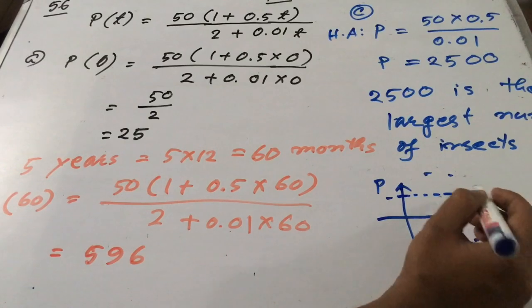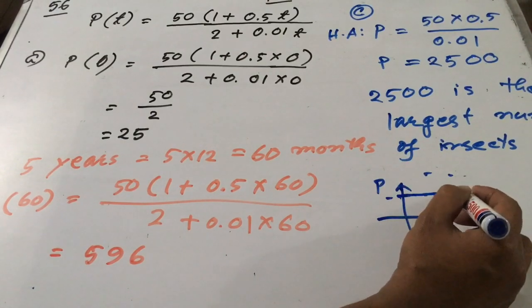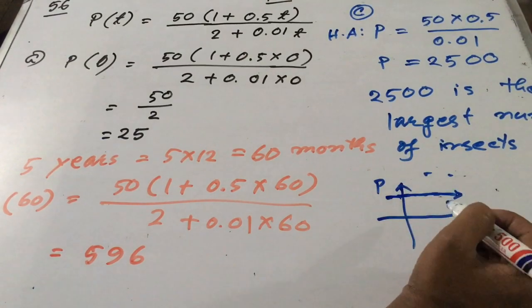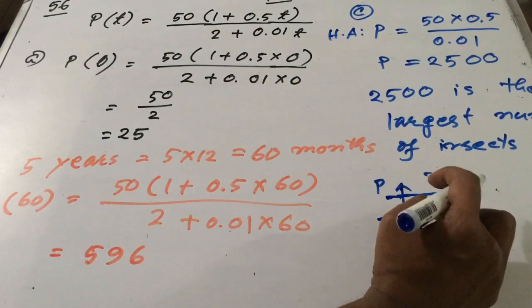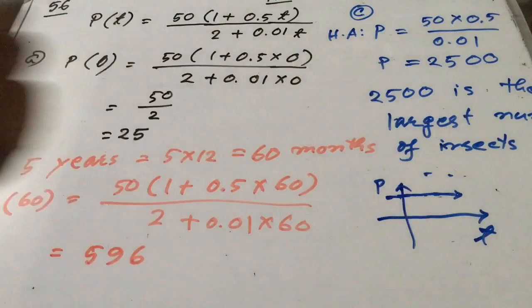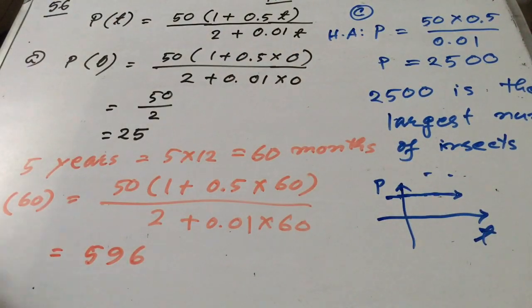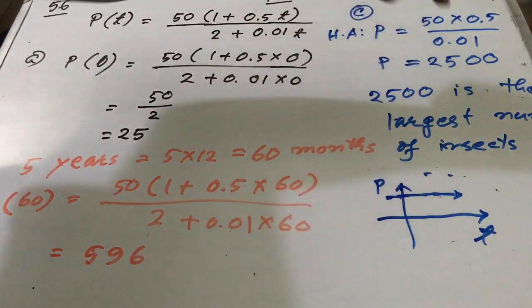So if you draw the graph, then as t increases, the graph will go closer and closer to that line. That's why we said p equals 2500 is the horizontal asymptote.